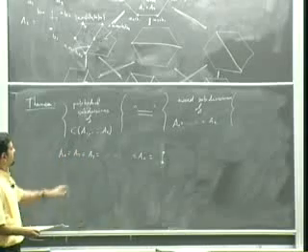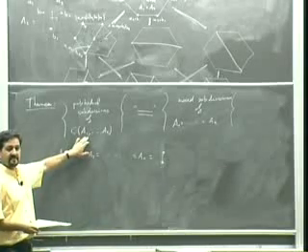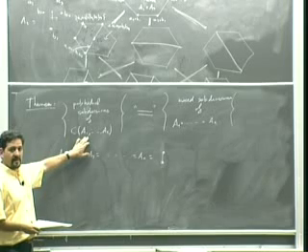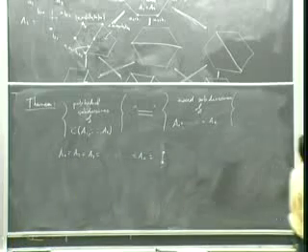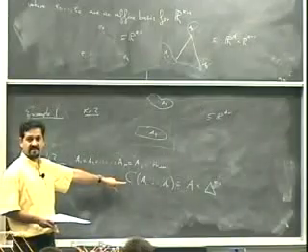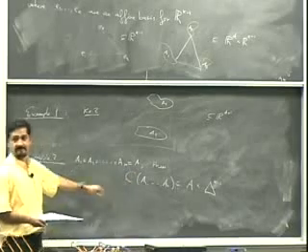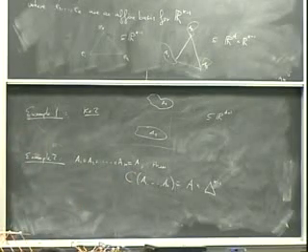Then, what is this thing here? It's the segment times a simplex. It's the prism over a simplex.